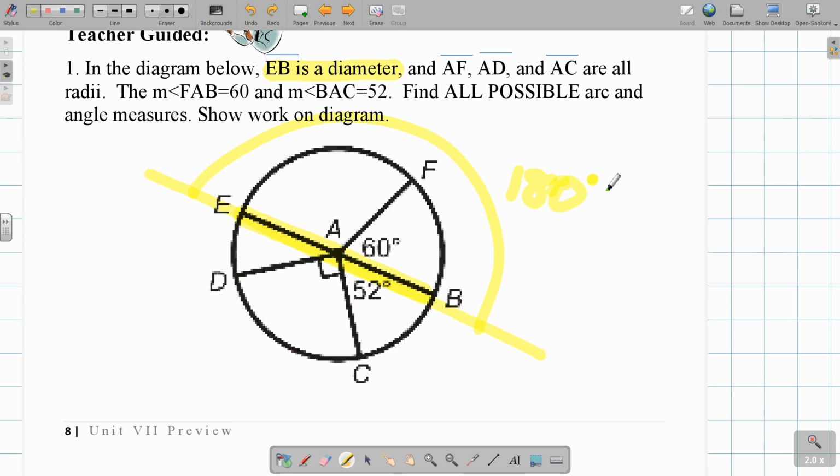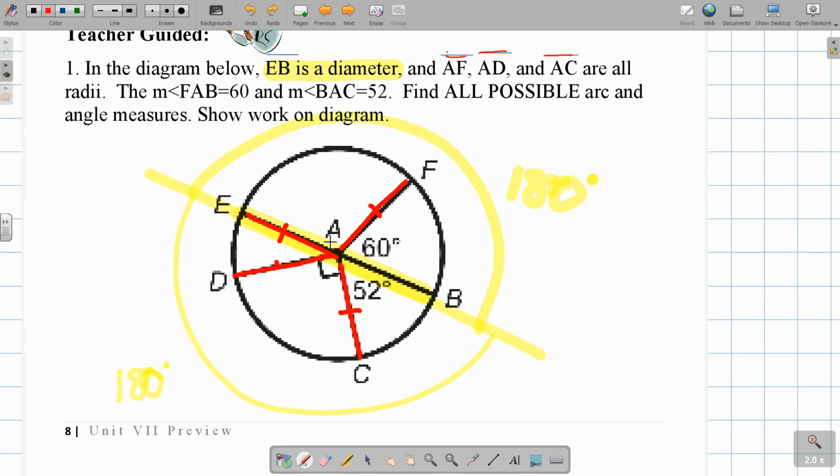Trace, stretch, sweep. Always find your diameters: trace, stretch, sweep. Radii, these 3 radii, are always congruent in length, like spokes in a wheel.